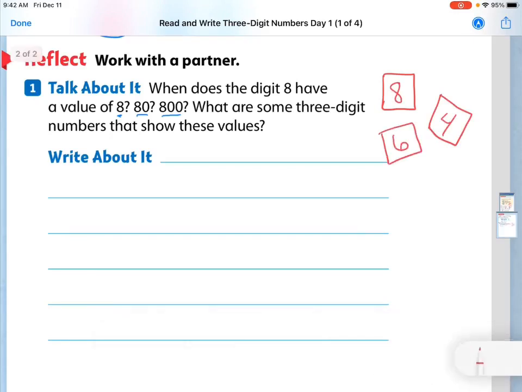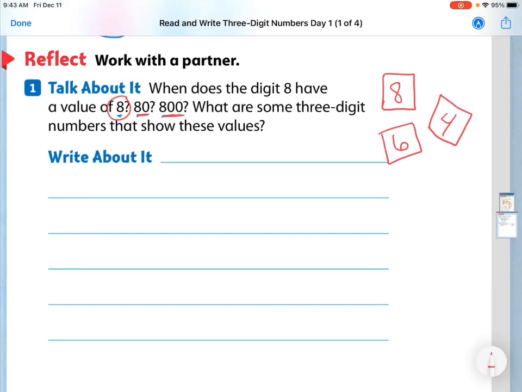Okay, so using those 3 digits, you're going to build 3-digit numbers that will answer the questions asked here. So when does the digit 8 have a value of 8? Let's go ahead and answer that one together, and then you can finish writing sentences to answer the other 2.